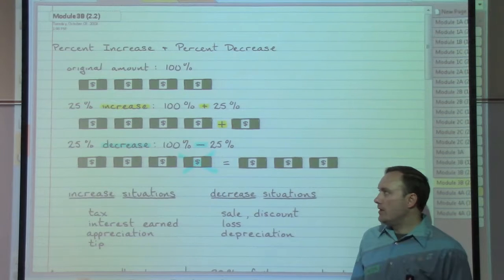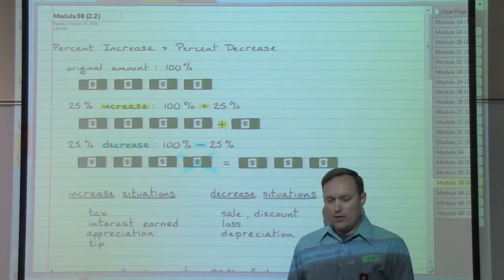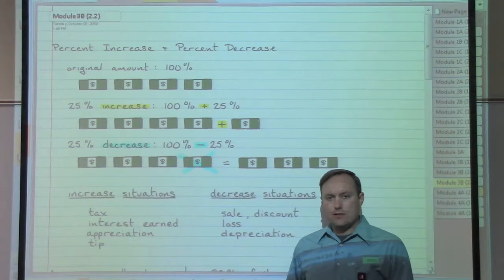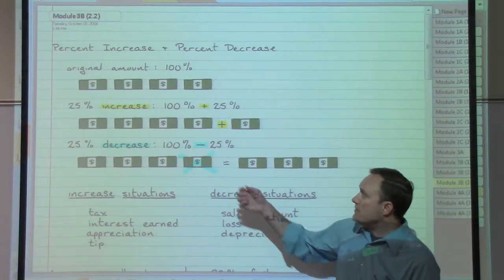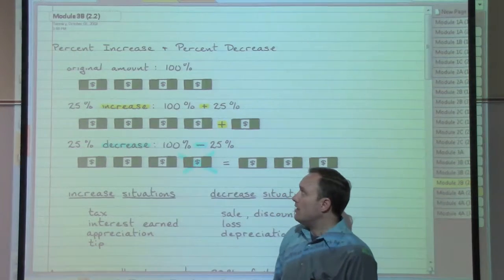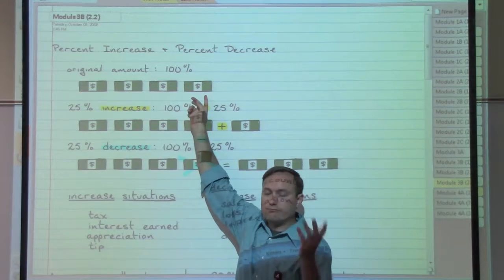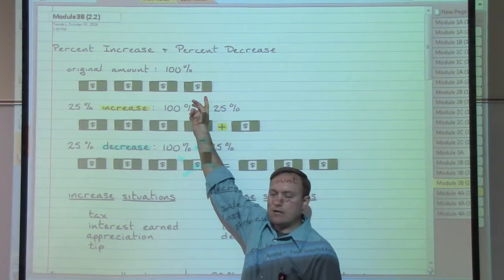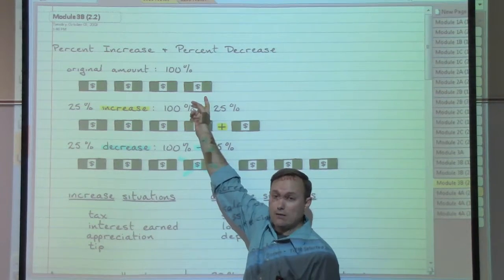With the percent increase, there is some sort of original amount that is going to be increased by some percent. So for instance, in terms of money, if we have as 100%, we've got 4 bills. Doesn't matter what kind of bills they are: dollar bills, $5 bills, $10 bills, Benjamins, doesn't matter.